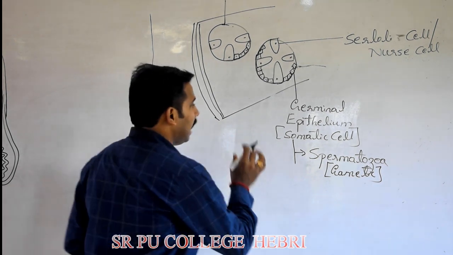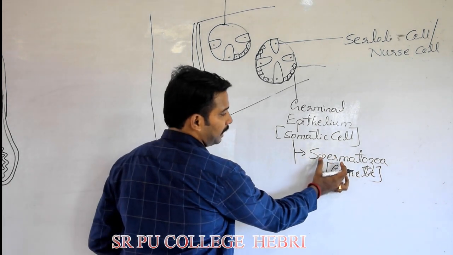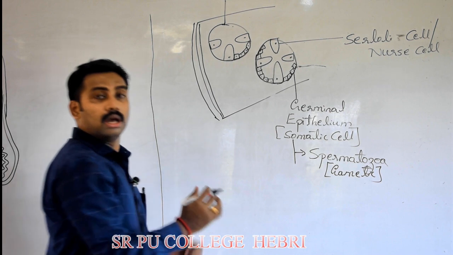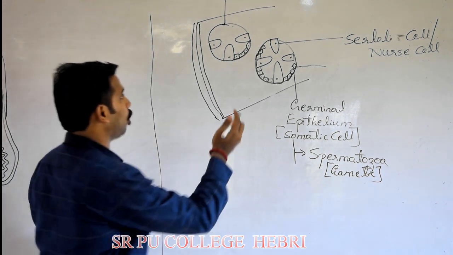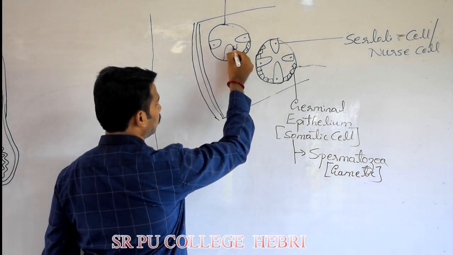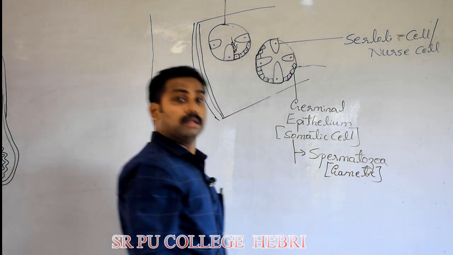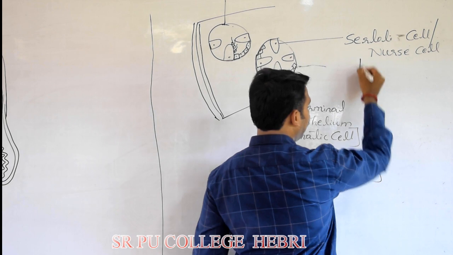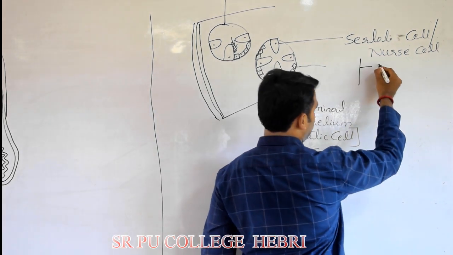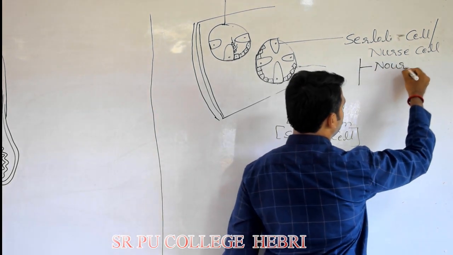Is that clear? And the entire spermatozoa formation occurs in close contact with which cell? Nurse cell. Why? For the purpose of nourishment. That is the reason why this cell is called nurse cell. So what is the function of nurse cell?